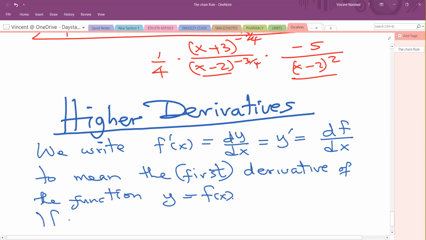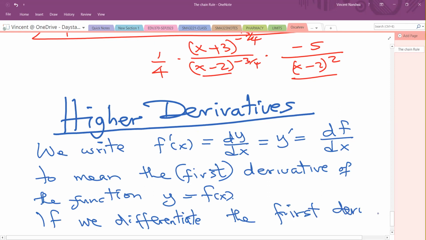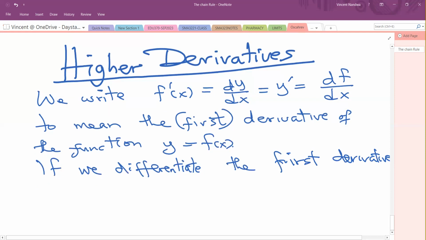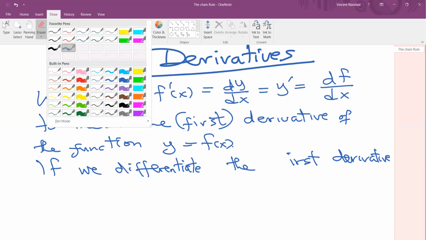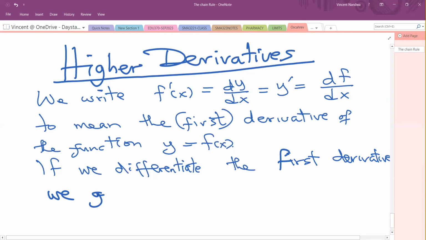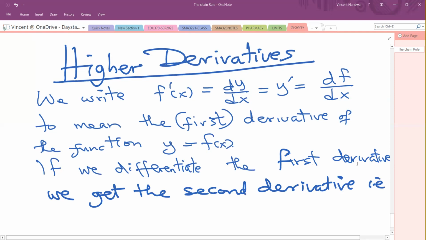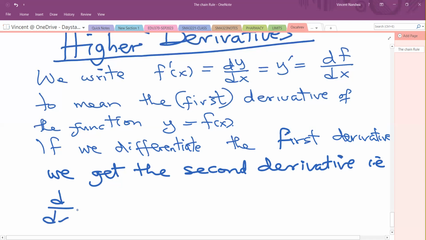So if we differentiate the first derivative, we get the second derivative, i.e., d dx of f prime of x is equal to f double prime of x.